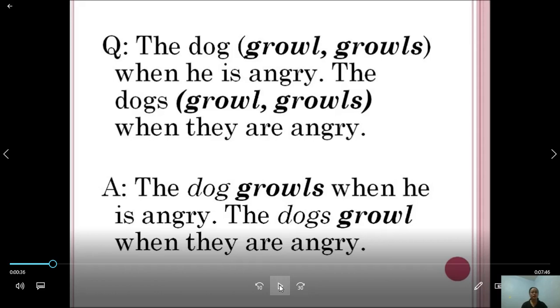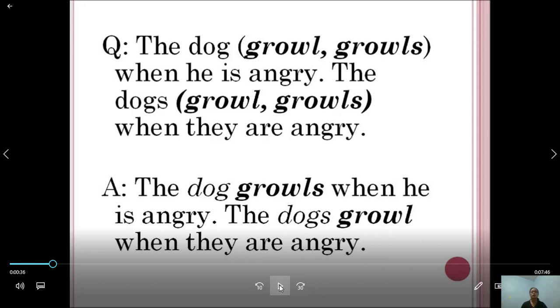As you can see, the subject is dogs. Dogs are many, so it is a plural form. So it requires a plural form of the verb, which is growl, when they are angry.